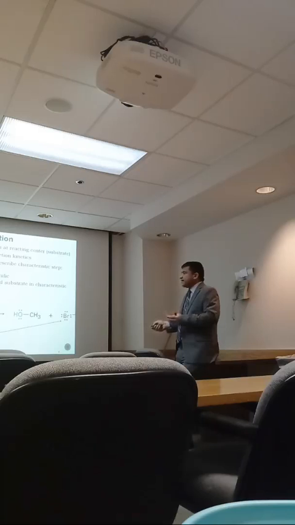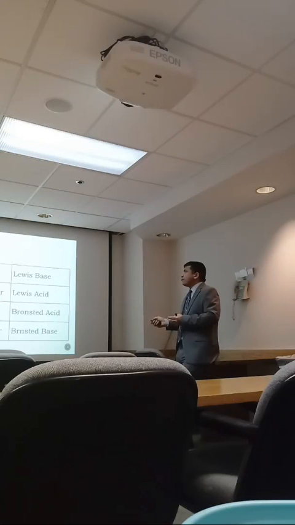As you see, it has a negative charge, and it is rich of those pair of electrons. You know, lone pair of electrons, and they want to donate it, right? That's why they are called Lewis base, right? Because they want to donate those lone pair of electrons.